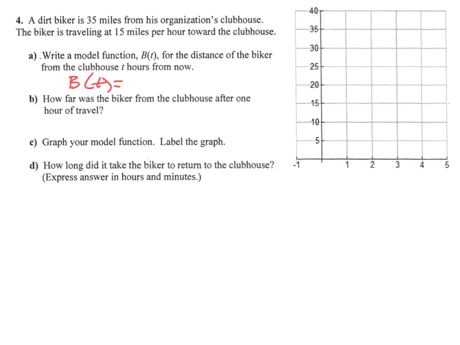So what is our rate of change? Yes? 15 miles. Okay, that's our rate of change. What is our initial value? 35. Okay. So we have 15t plus 35.